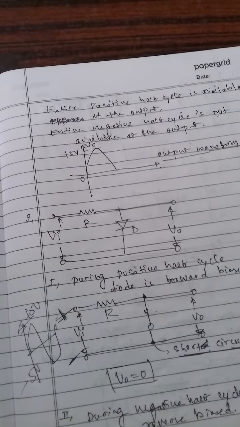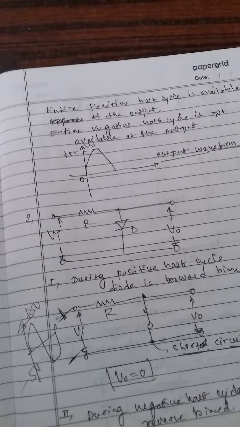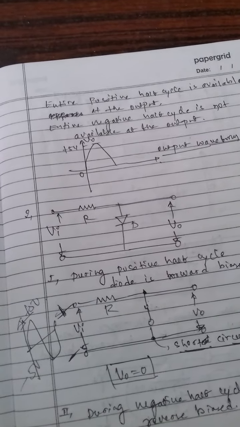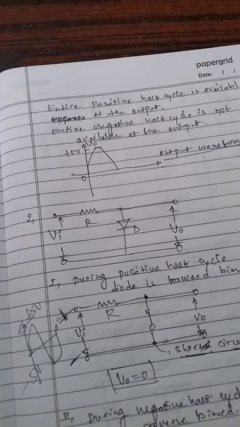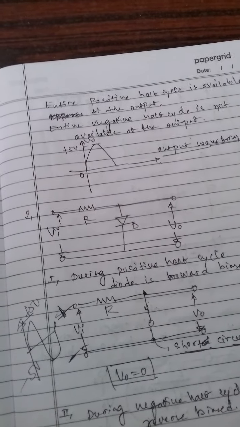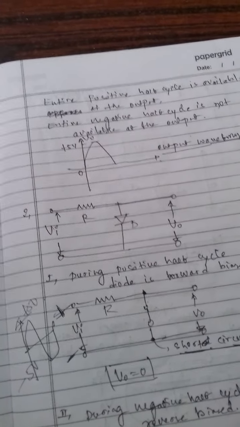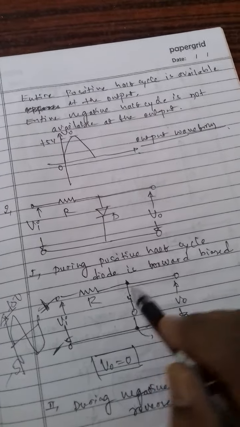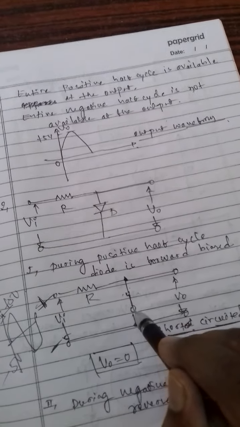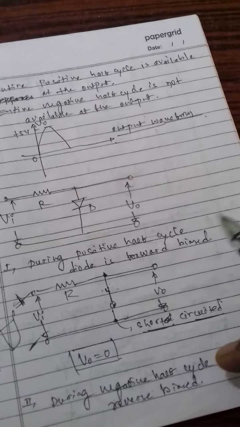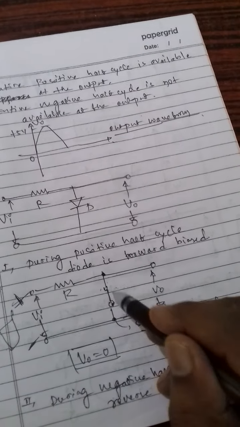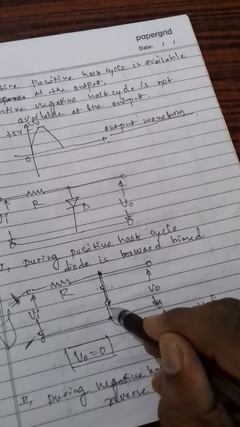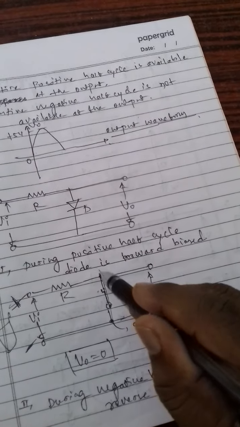Why is it forward biased here? Because the voltage at the anode of the diode is more as compared to the voltage at the cathode, so the diode is forward biased and it is a short circuit. When it is short circuited, this branch is totally short circuited.